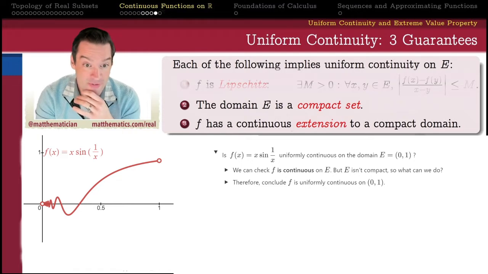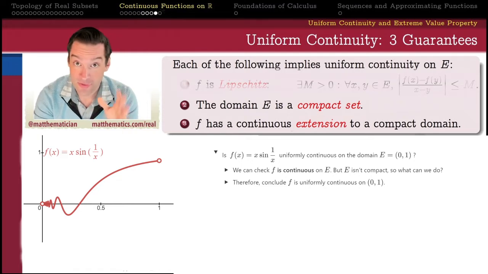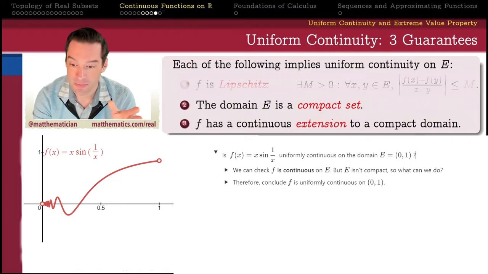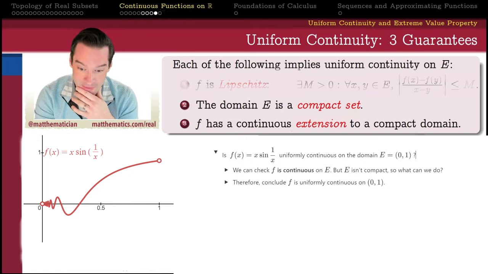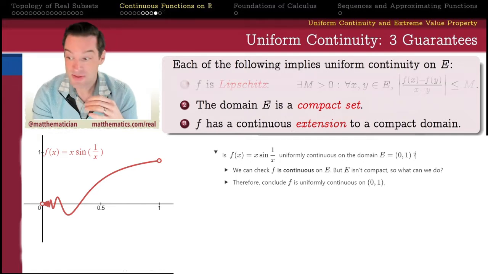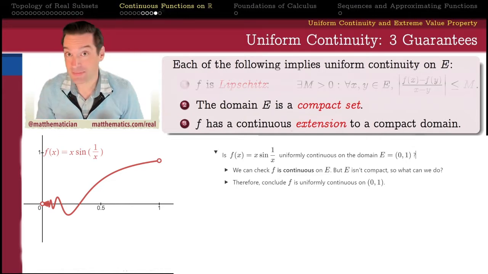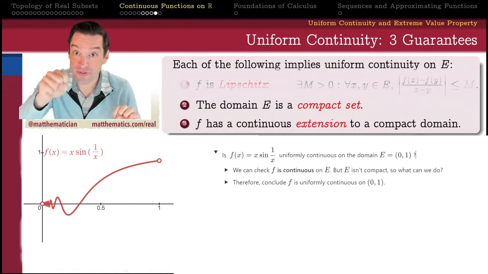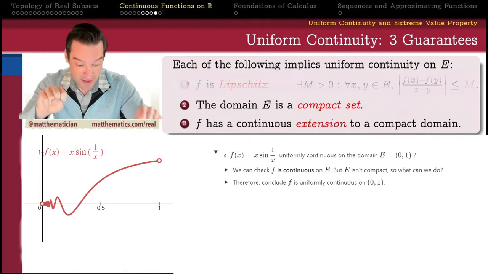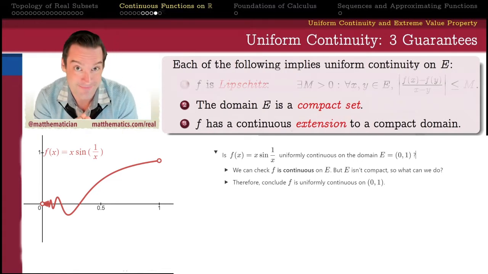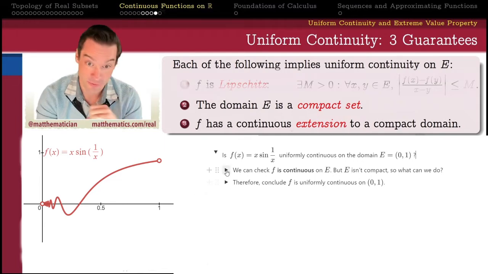And also, the fact that 0 and 1 are themselves missing from my domain is giving me just these little open circles at the right end and the left end of my graph. And those open circles look like what we call in the business removable discontinuities. They look like holes that if we were to fill them in, we would still have a function which is continuous. And that bodes very well for our ability to demonstrate uniform continuity.